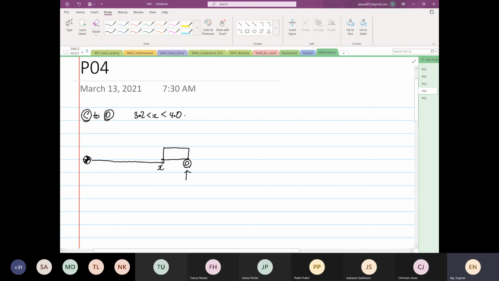Over here we will just have a force of 40 times 10 to the power 3. The distance from here to here is important. The distance from there to there is equal to 4 minus x. So again, V as a function of x, moment as a function of x.